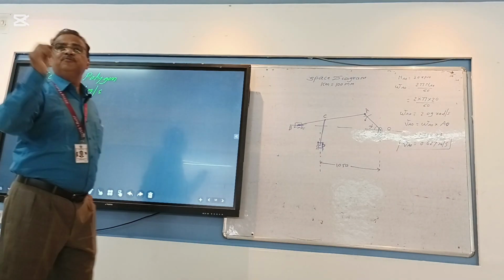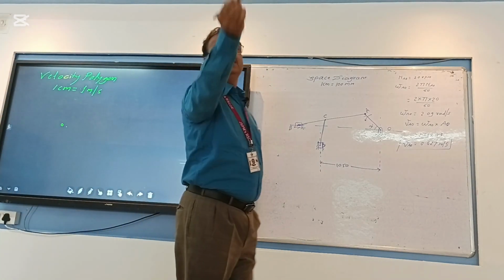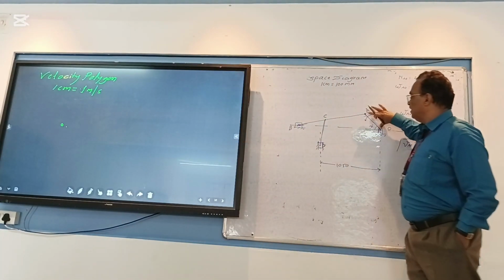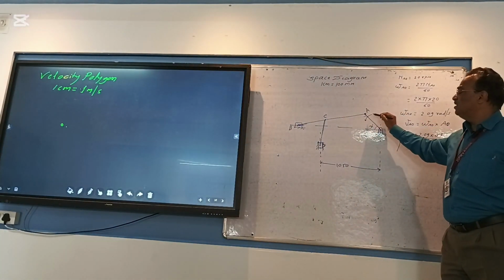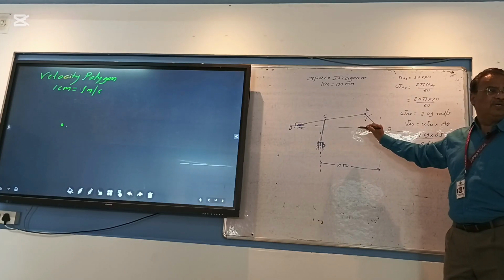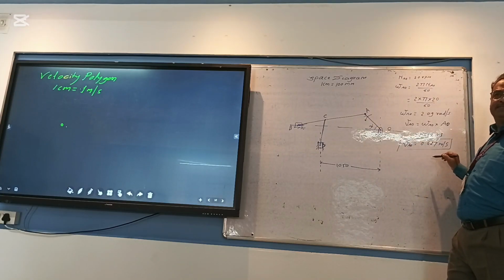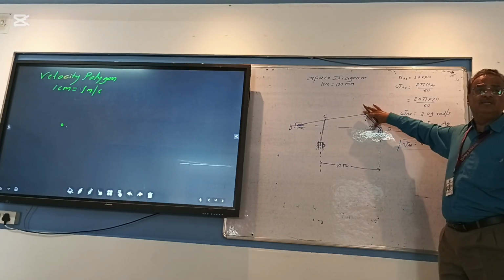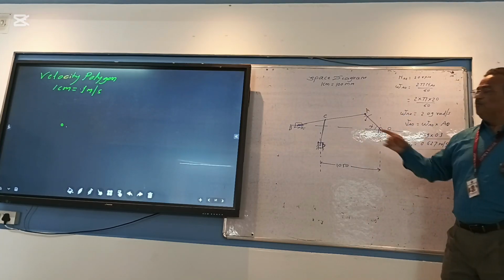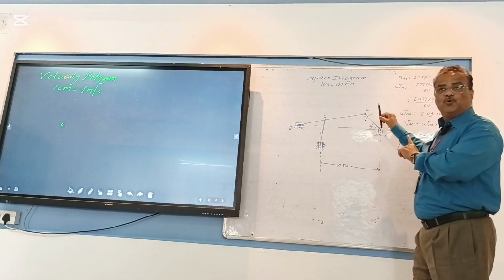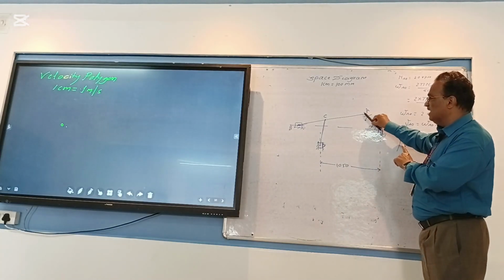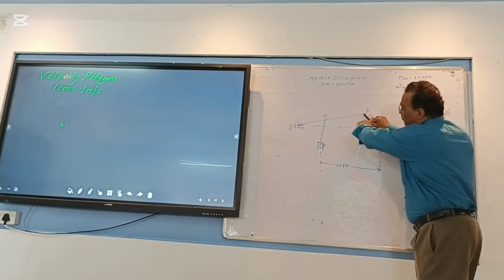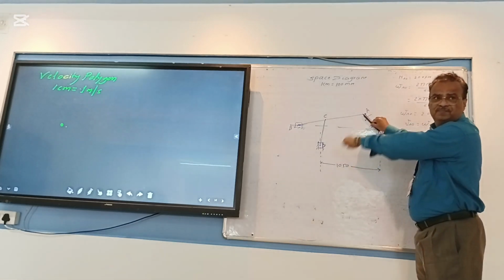Next, start with the link of which direction and magnitude of velocity is known. Which is that link? OA is the link. उसका direction मुझे मालूम है, it is rotating anti-clockwise, and magnitude is 0.627 meter per second. So I am beginning to draw the velocity polygon with the link OA, the crank. It is rotating anti-clockwise. Where will the velocity vector go?